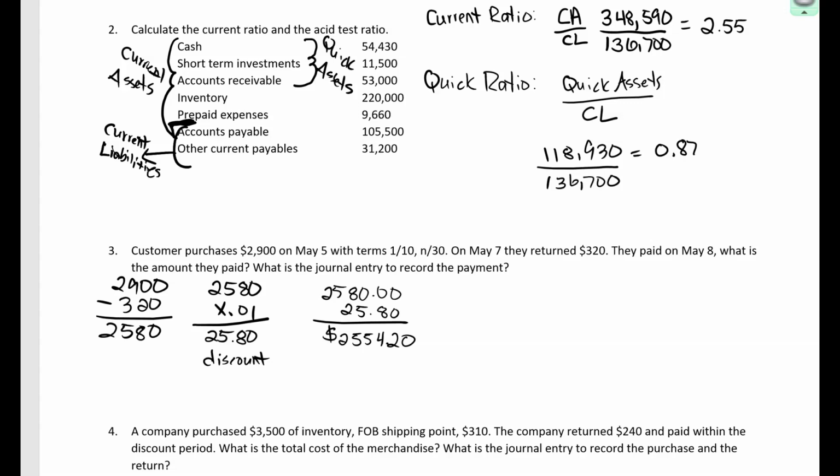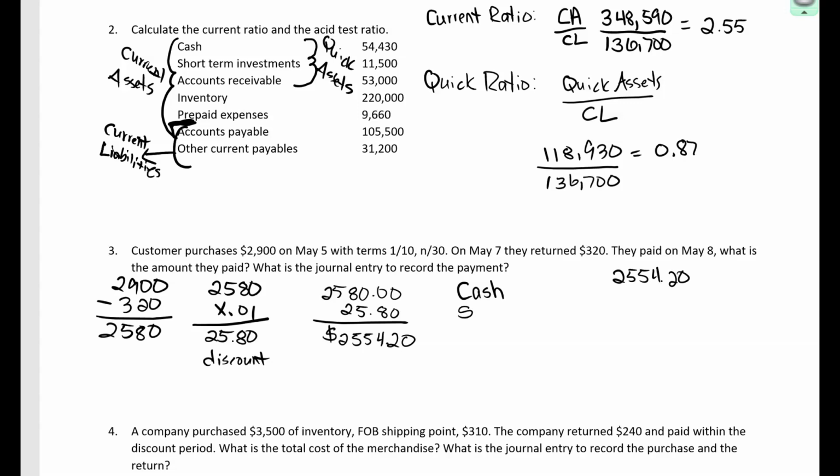Now, here we have the journal entry part. For this, the company is going to debit their cash for the amount of cash that they get, the $2,554.20. This is the amount that the customer is paying.